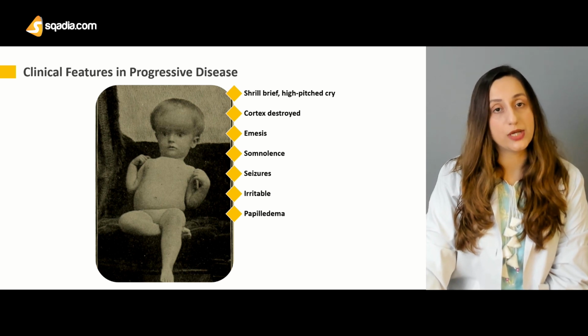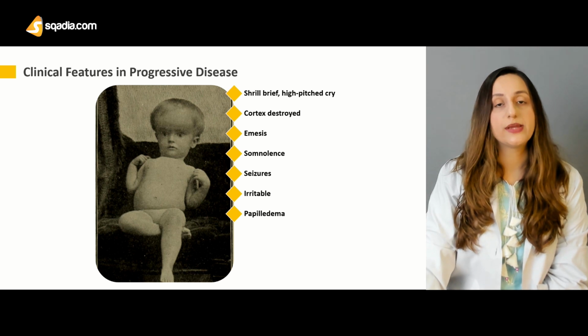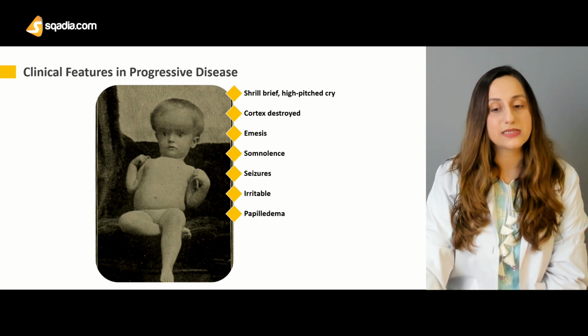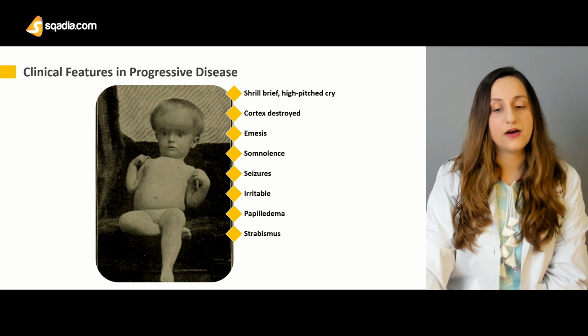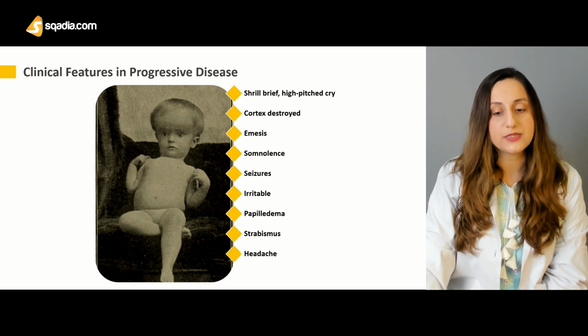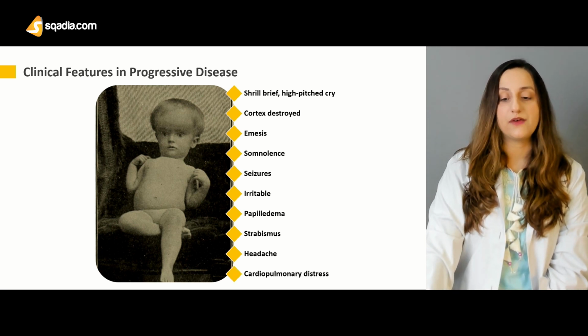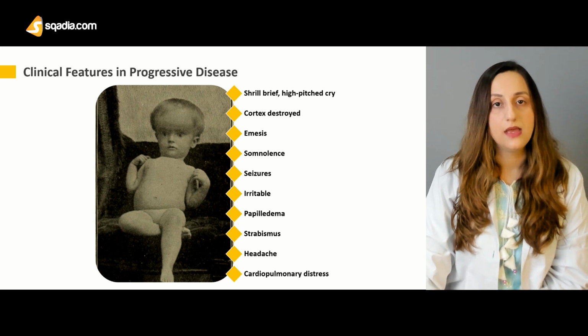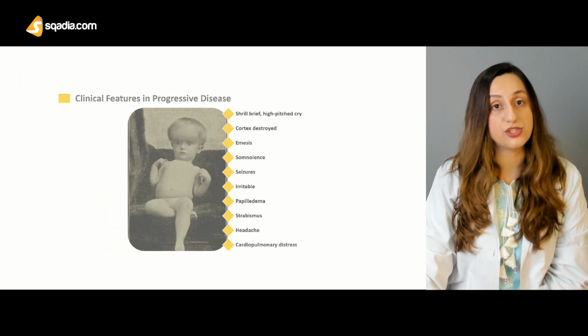Papilledema is one of the features. When you observe the retina through an ophthalmoscope, you can see that the patient has papilledema. Then we can have strabismus, the squinting phenomenon observed in these patients. Headache is one of the major signs and symptoms observed, and then the patients might eventually have cardiopulmonary distress.